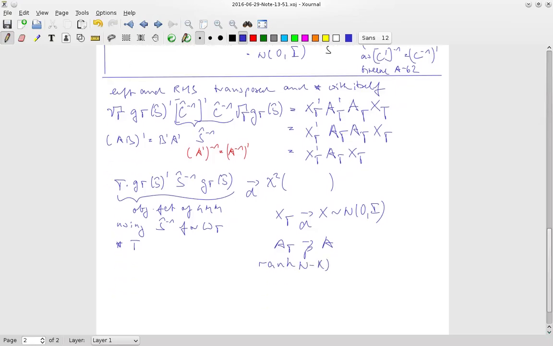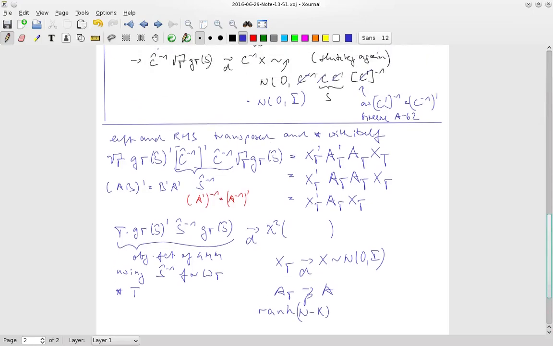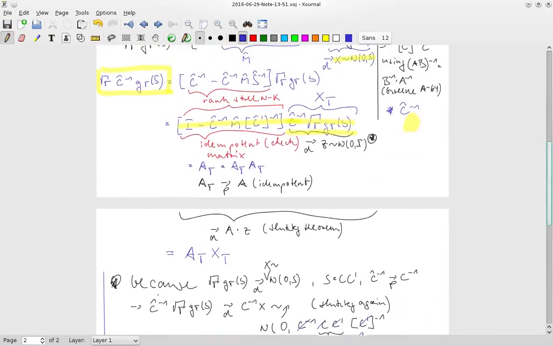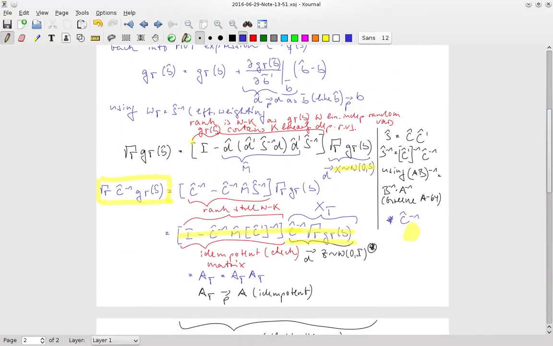We tracked basically the rank of A sub t all the time, right? So this is why I started with verifying that the rank of the matrix A sub t is always n minus k.